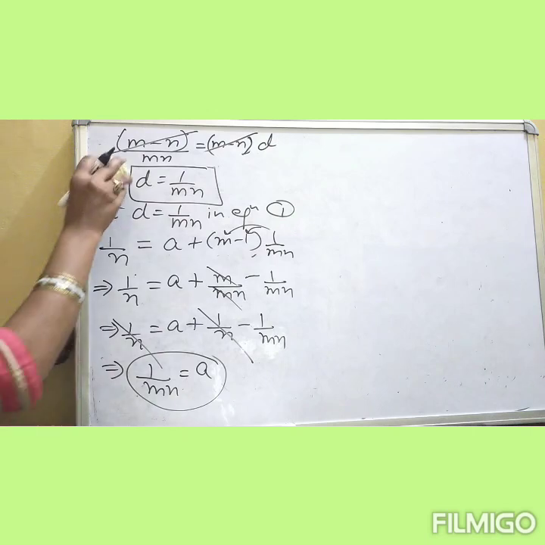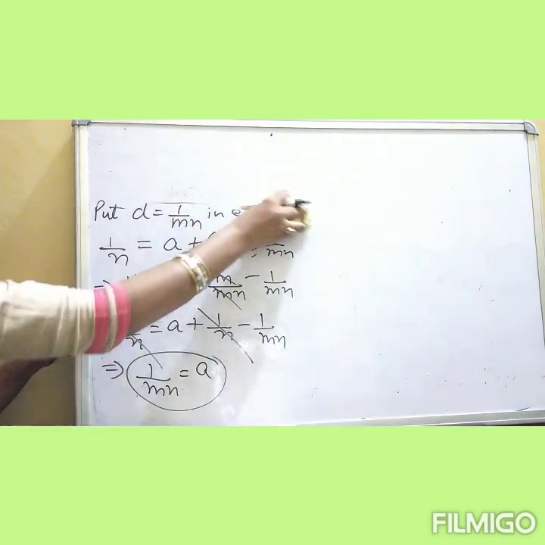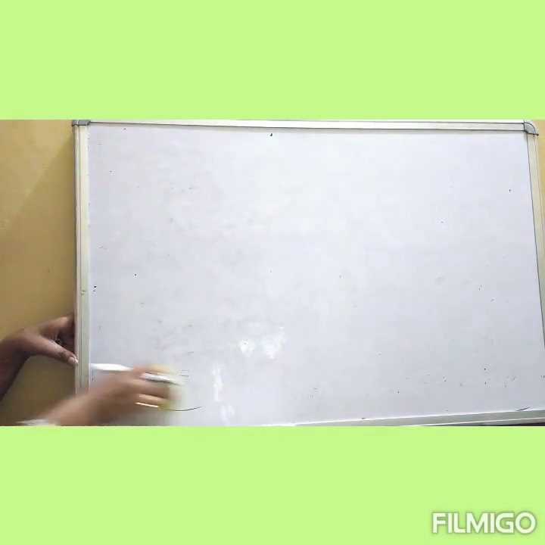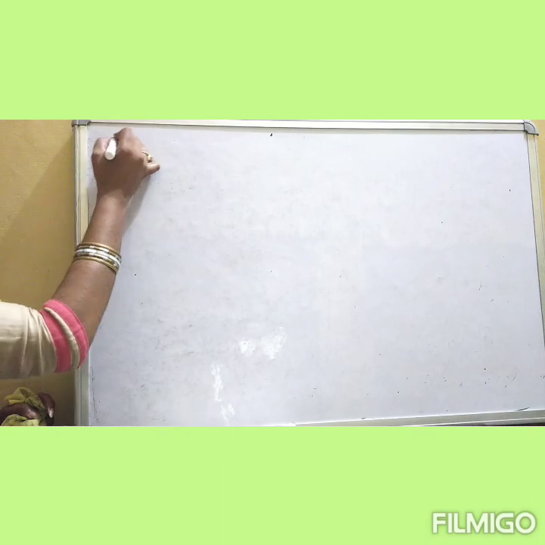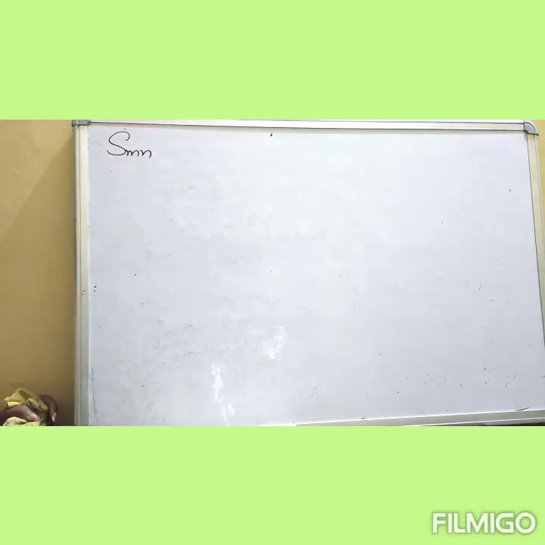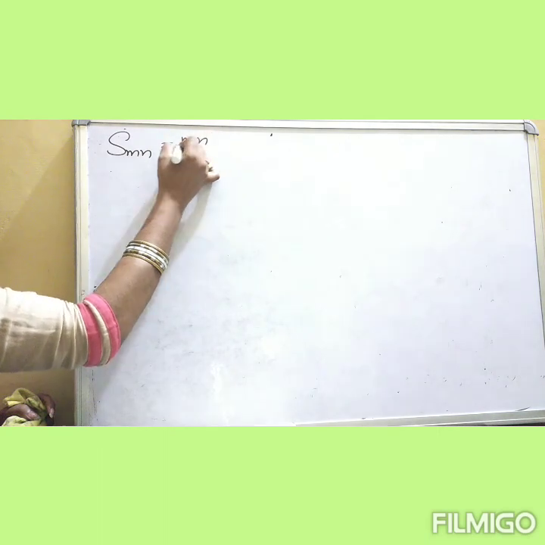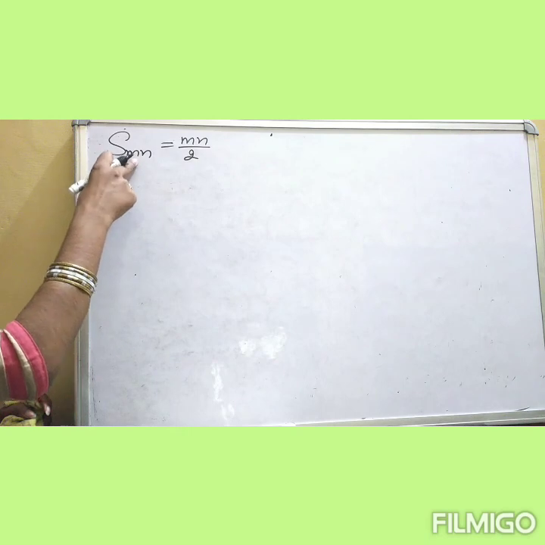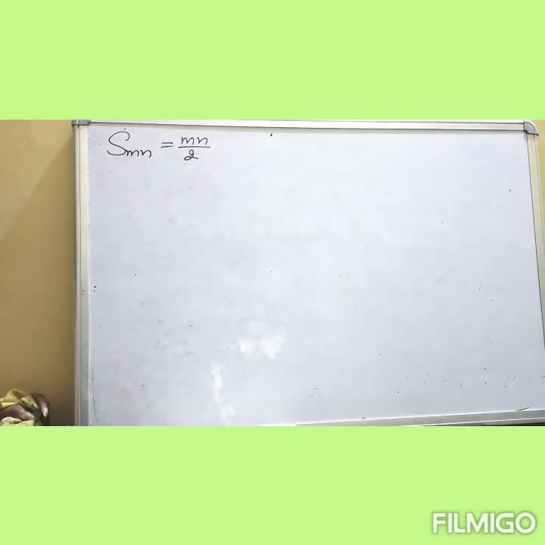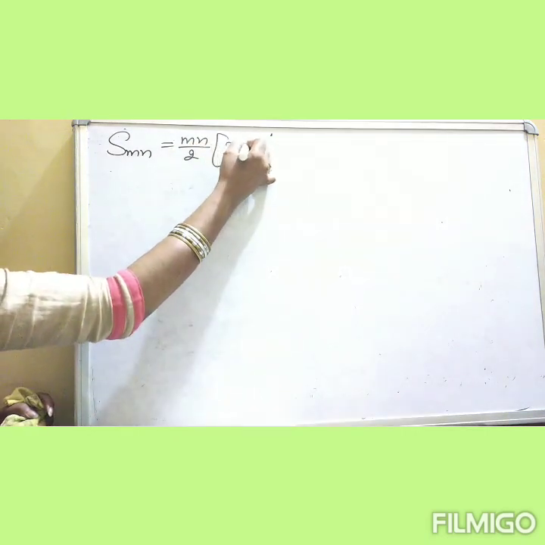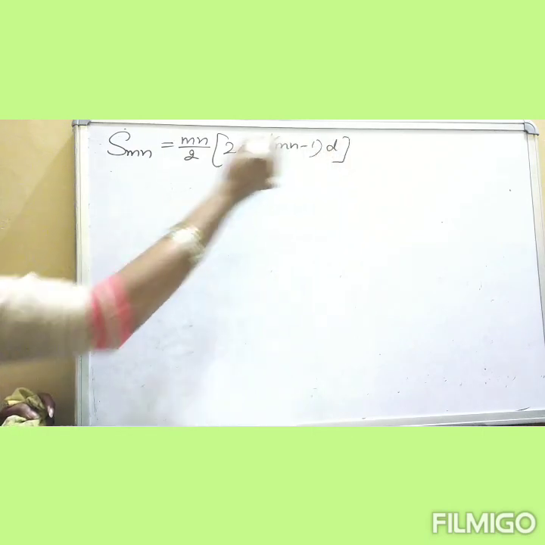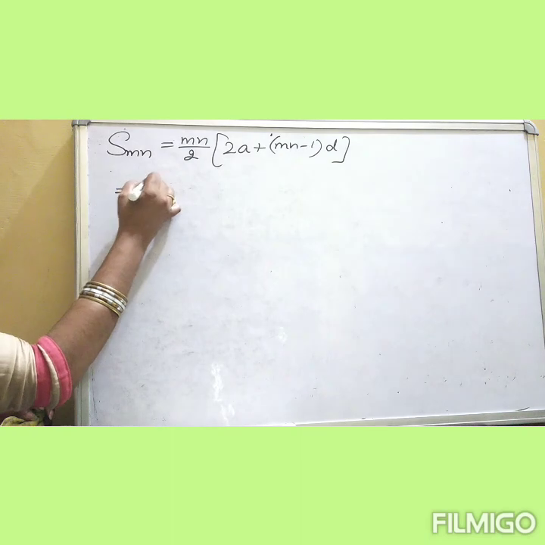Now in the question we have to find the sum of mn terms and show that it equals what is given in the question. S of mn is mn by 2, because here instead of n we have mn, that's why we write mn by 2, times (2a plus (mn minus 1) into d).